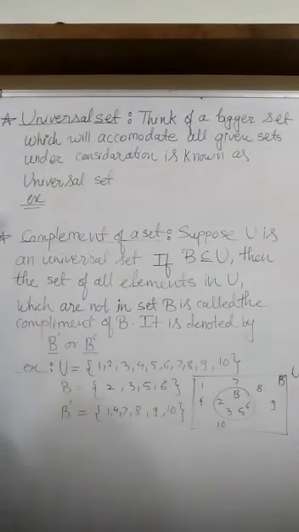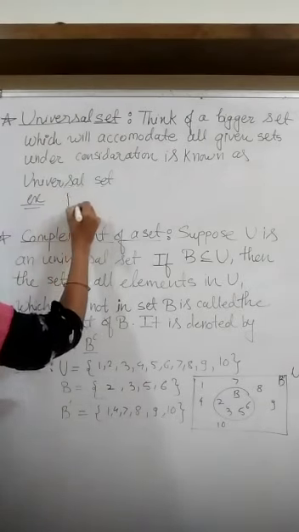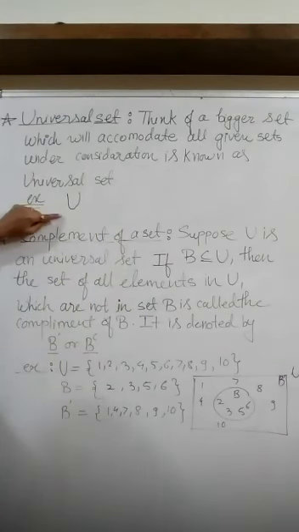Now the next definition is universal set. Universal means the bigger one set. Think of a bigger set which will accommodate all the given sets under consideration is known as a universal set. ऐसा सेट जो बाकी सारे सेट्स को अपने अंदर accommodate कर ले, that bigger set we used to call a universal set, and that basically we denote with the letter U. Especially we are using this one symbol U for the universal set.